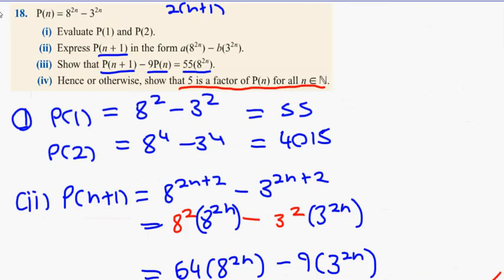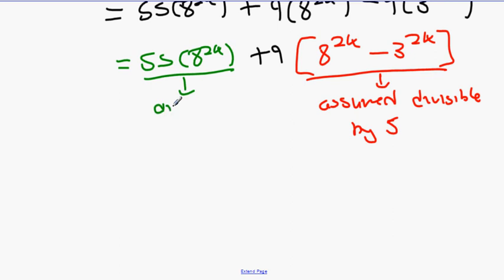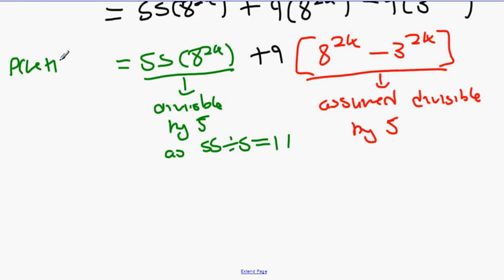So it's assumed divisible by 5. Okay, and this one here is divisible by 5, and 55 divided by 5 equals 11, and that's still P of k plus 1.